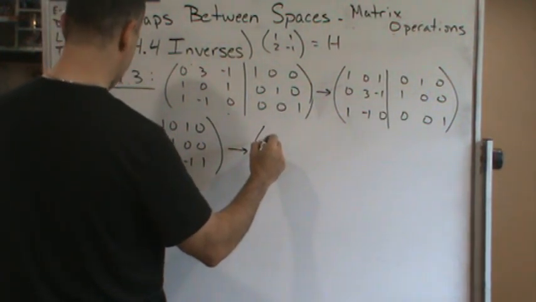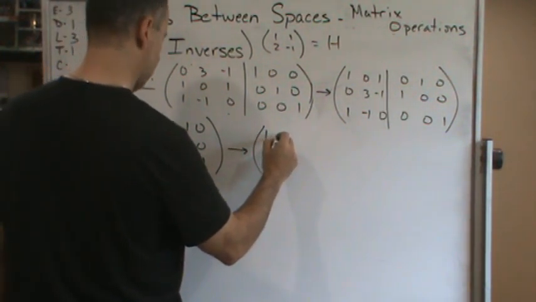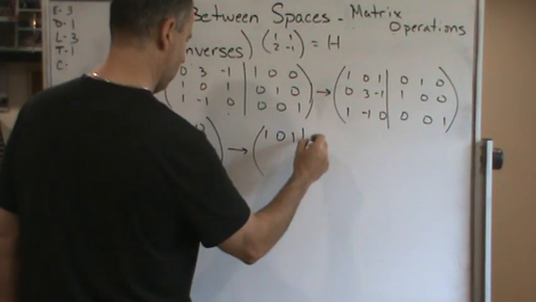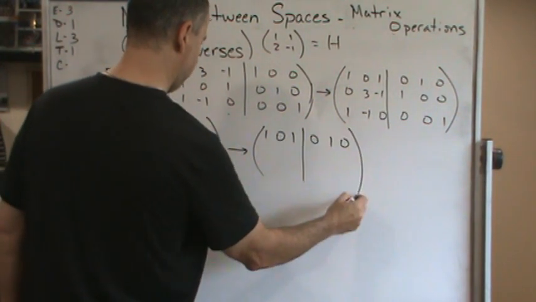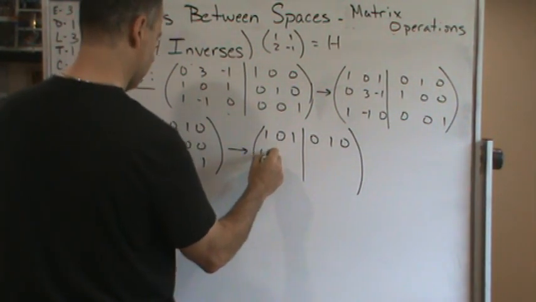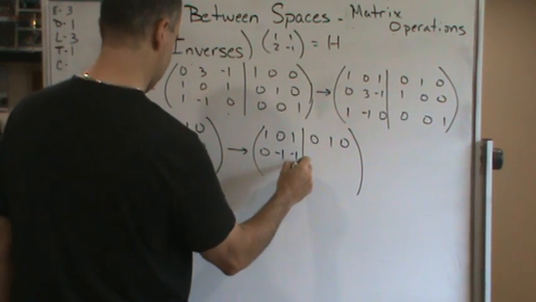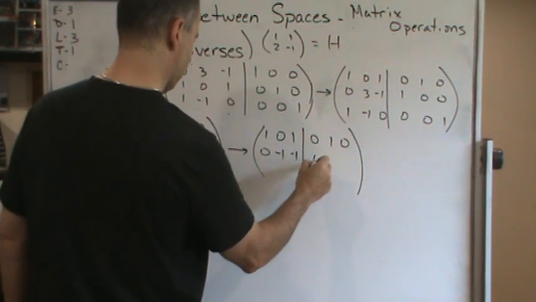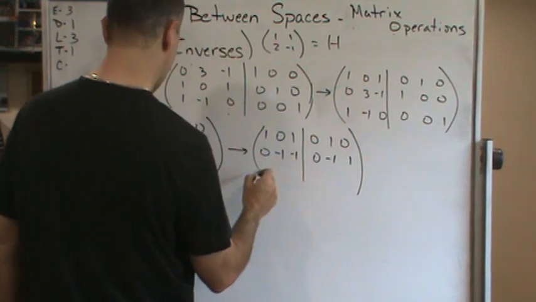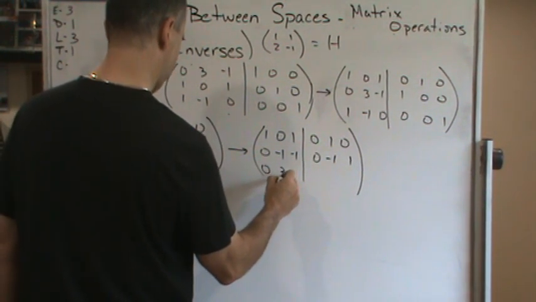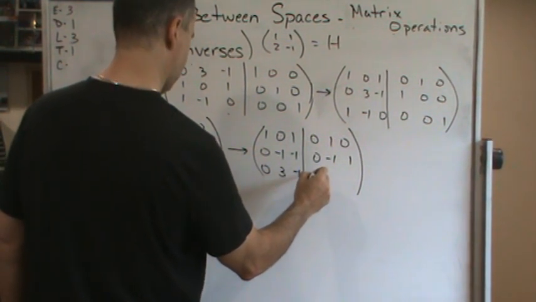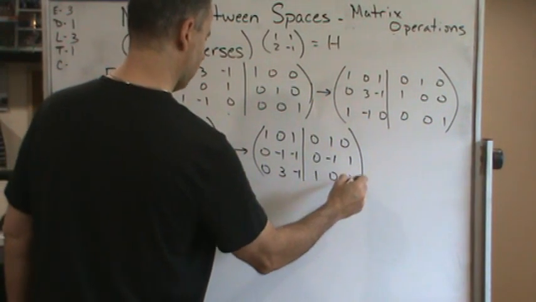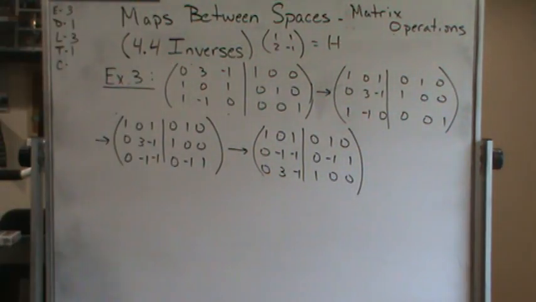So we're going to get 1, 0, 1, 0, 1, 0, and then 0, negative 1, negative 1, 0, negative 1, 1, and 0, 3, negative 1, 1, 0, 0. Just make sure you don't make any mistakes along the way. It's easy to make a mistake. I know I have.